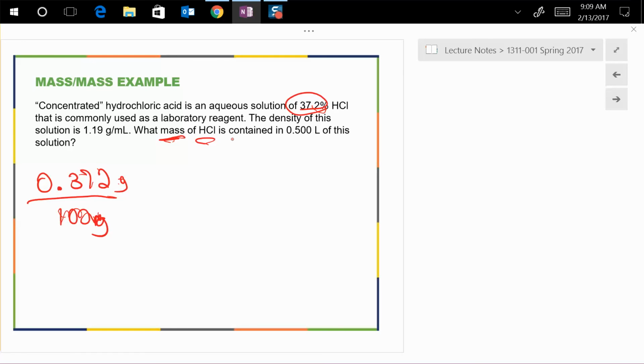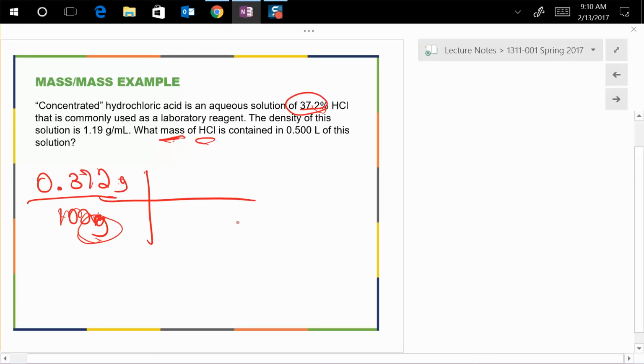Okay, so this is in mass per mass, right? The reason they gave me the density is because I can relate the 100 grams of the solution, let's say there's that many grams in 100 grams, to the milliliters based on the density. So based on the density, I can change those grams down here to milliliters, and I can determine how many grams there are in a certain number of milliliters.